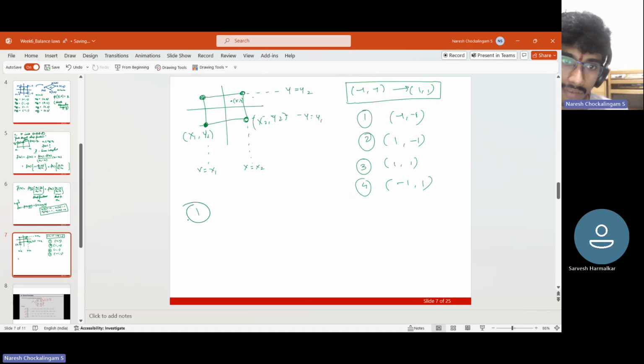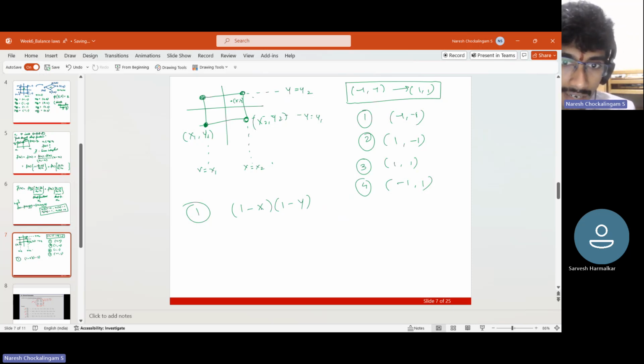On node 1, we want a function that is 1 at this point and 0 everywhere else. So let me define that function. Let me start with 1 minus x, 1 minus y. Along this line x equals 1, and along this line y equals 1.